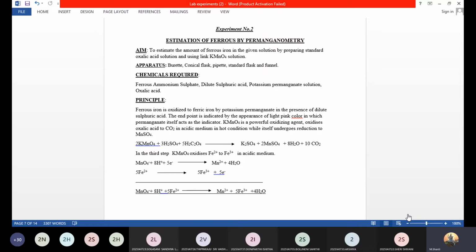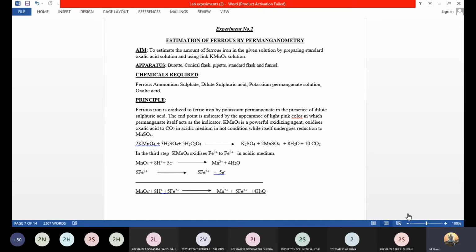I think this is a very simple question I have asked you. Can anybody calculate and tell me the oxidation state of manganese in KMnO4? Come on quickly girls, don't waste my time.